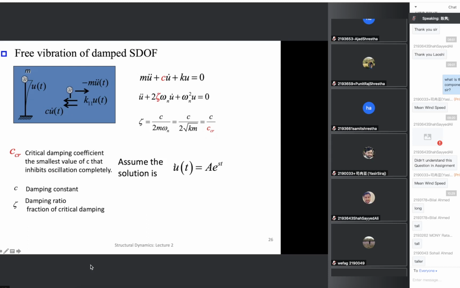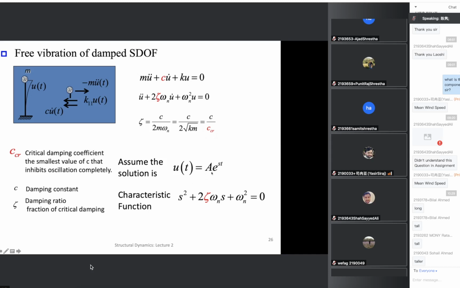So with this, again, we have the assumed solution like here. And then we introduce this into here, which is A s squared e^(st) for the m u double dot, and A s e^(st) for the u dot. And then it goes to here for the k.